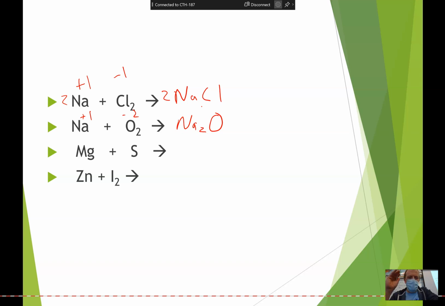So again, all I'm thinking about when I write that compound is how would those things come together in terms of having a balanced charge, a charge that sums to 0, which would be Na2O. Once you do that, the second step is to balance with coefficients. So I got 2 oxygens here and 1 here. I'm going to put a 2 there. That makes 4 sodiums. So it should look like that.